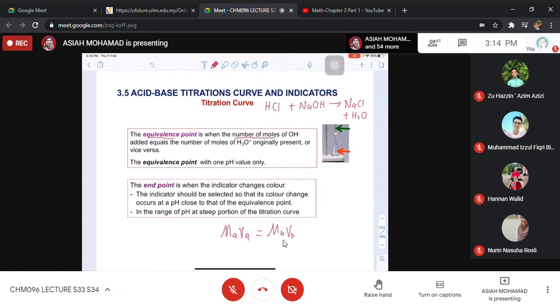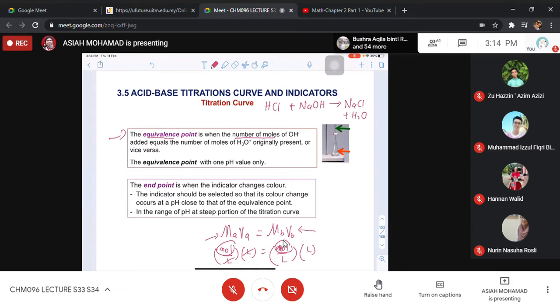The unit for molarity is molar, mole per liter. Volume is liter. So when you cancel liter, the mole of acid is equal to the mole of base at the equivalent point.